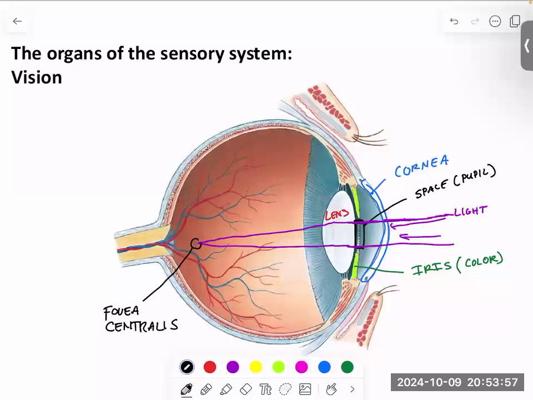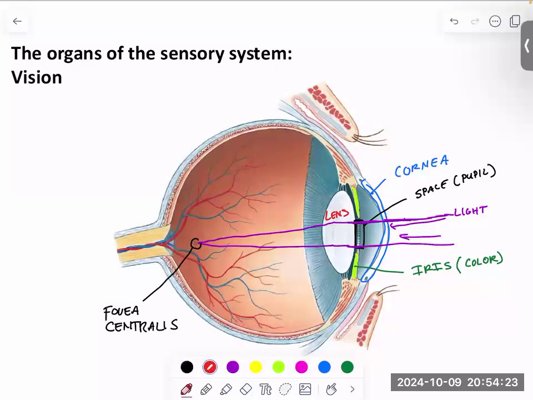What happens if the light doesn't focus at that point? You get blurry vision. That's when you need glasses, because the light isn't bending right through either the cornea or the lens, or both. So the cornea helps the light move through into the lens, and then the lens does something very special.